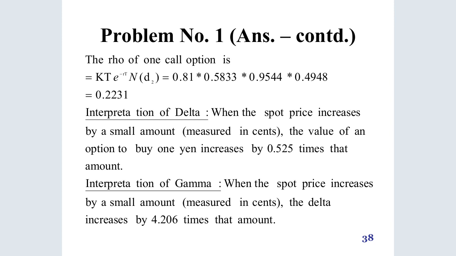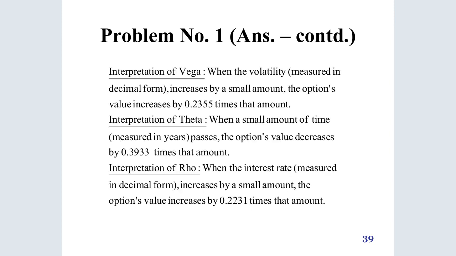So please understand the difference between gamma and delta. Gamma is a two-step process: gamma causes a change in delta, and delta causes a change in the price of the option. That is the additional change that happens in the process.